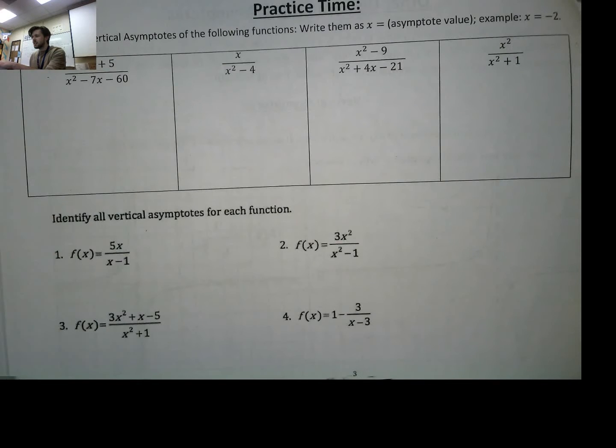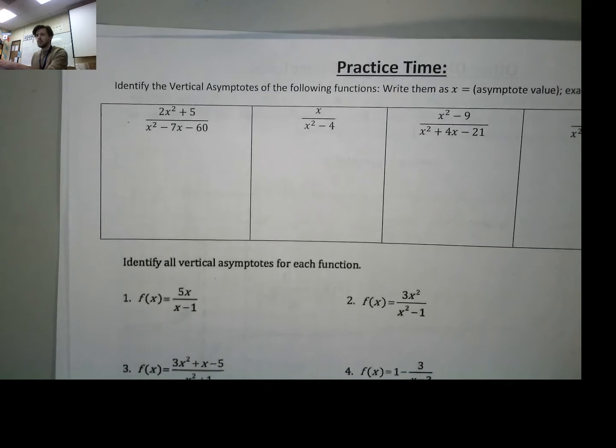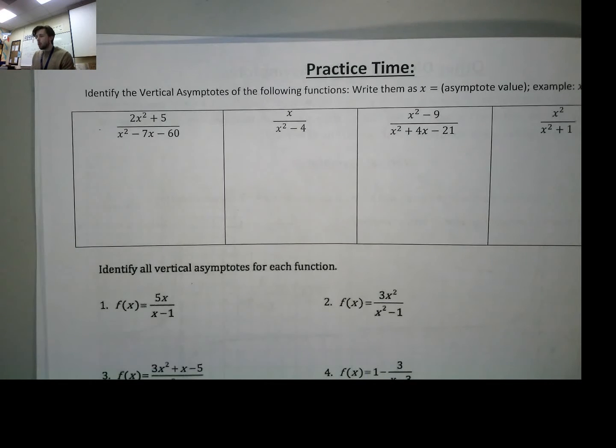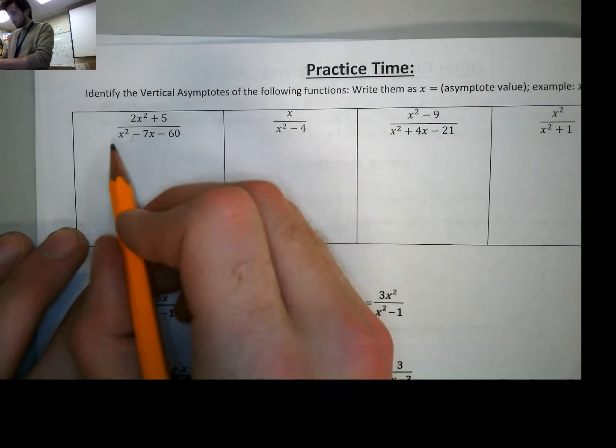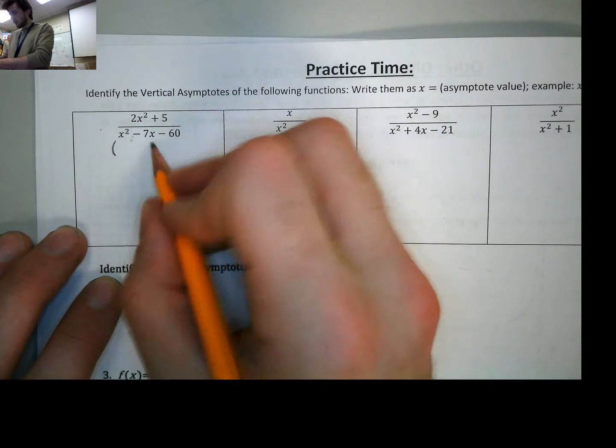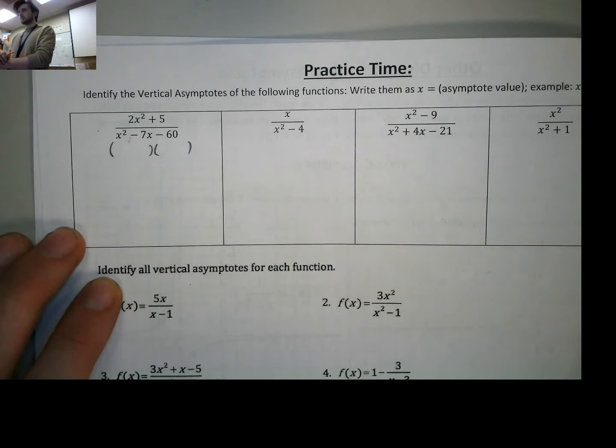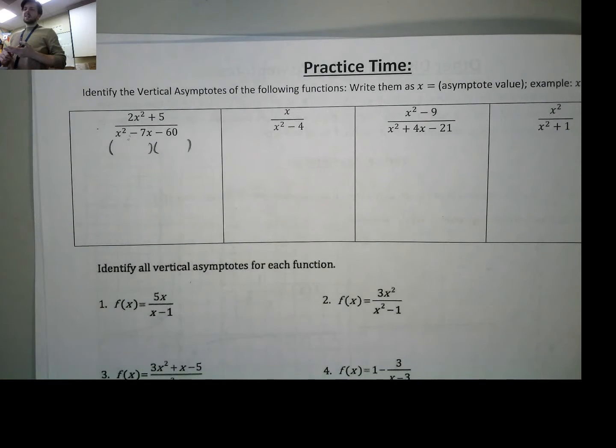Let's do one example together on the back here. I don't think it's asking you to graph here on the back. It just says identify the vertical asymptotes. So what's the asymptote value? Well, let's look. This first one, this bottom one does factor, I believe. Try it on your own. What multiplies to 60? 6 and 10?